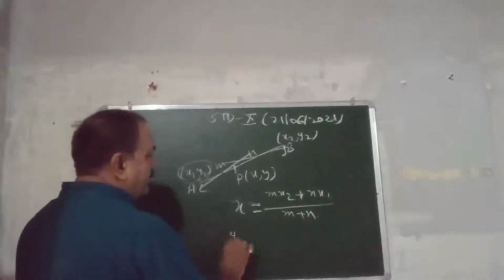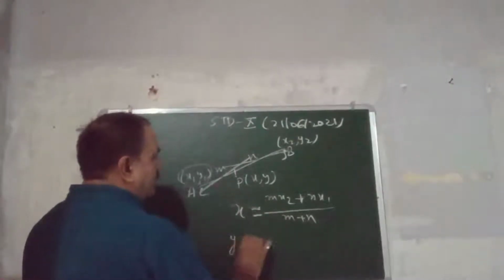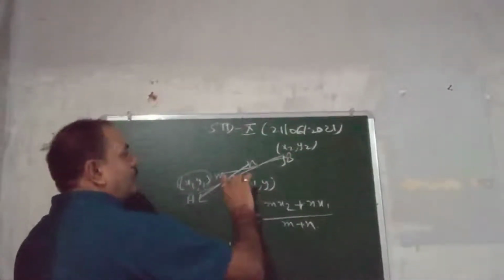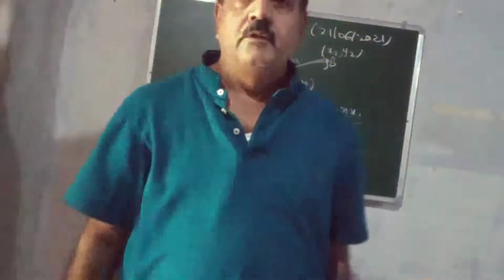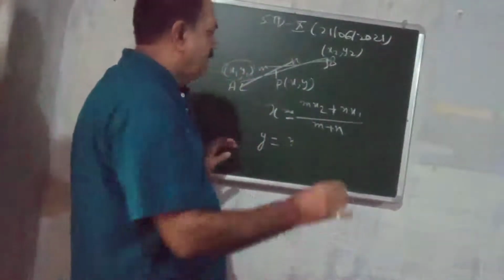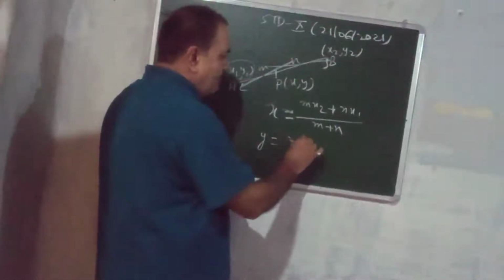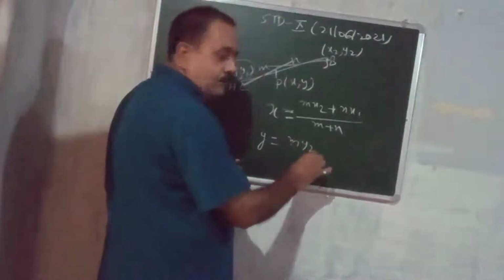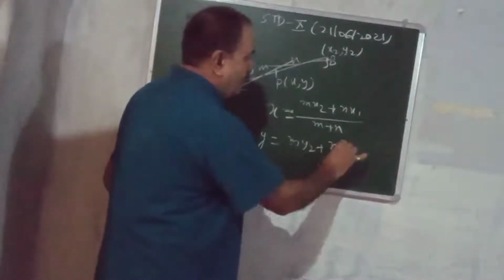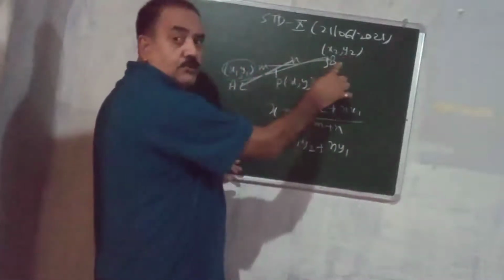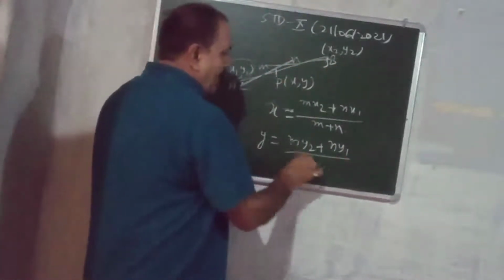Similarly for the y coordinate: (my2 plus ny1) by m plus n.